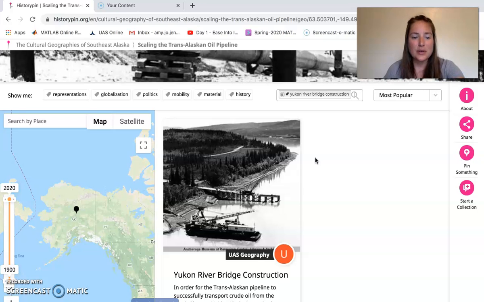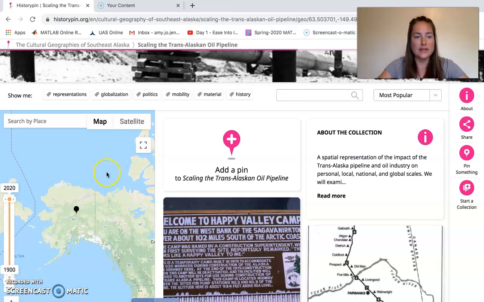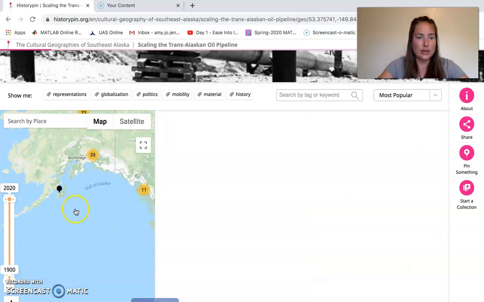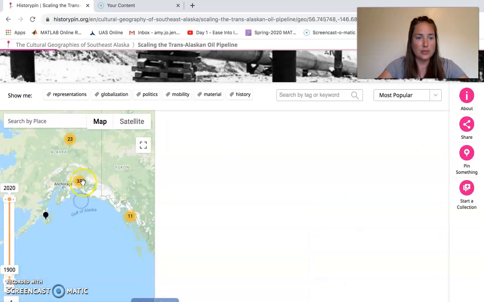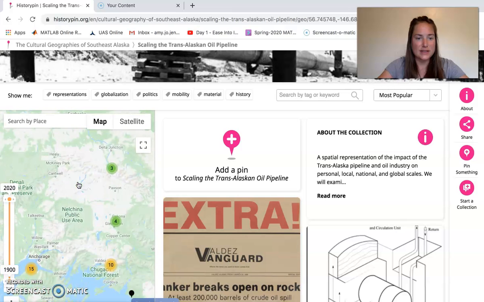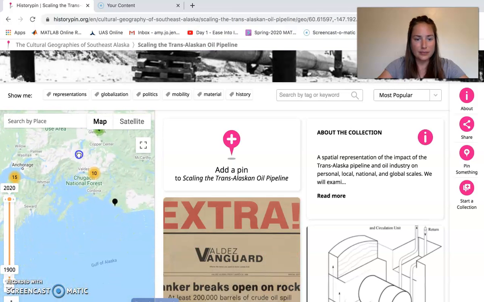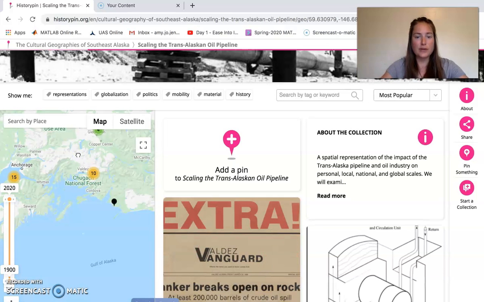And the mobility of the oil doesn't stop once it reaches the port of Valdez. So you can see down here we've got quite a few pins. This is in Valdez. From there, the oil goes onto oil tankers and is shipped to oil refineries in the lower 48.